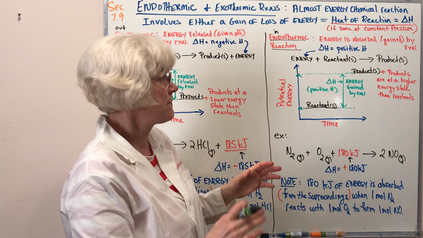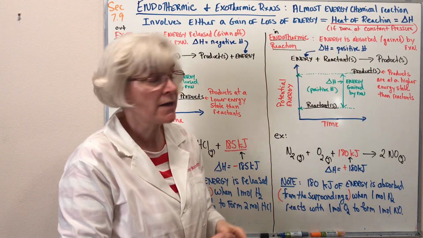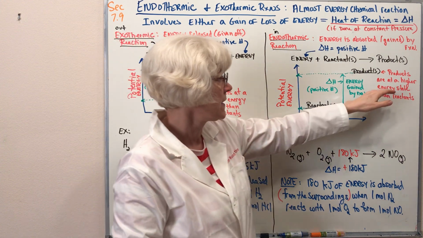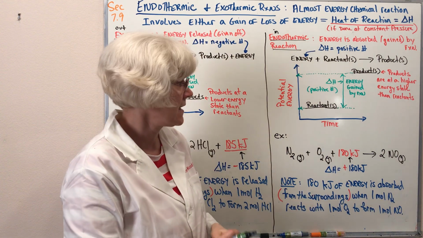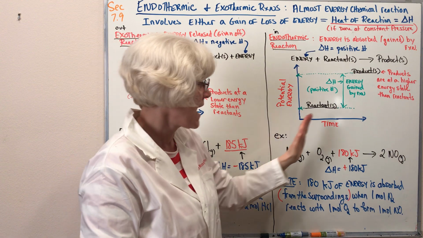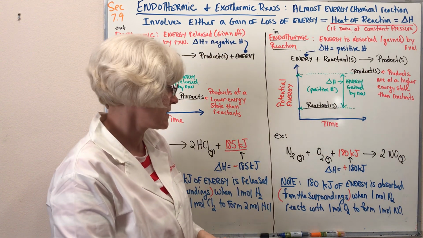So for endothermic reactions, the delta H values have a positive sign associated with them, and this is telling you that the products are at a higher energy state than the reactants. You had to gain energy as the reaction proceeded to move to the higher energy state.